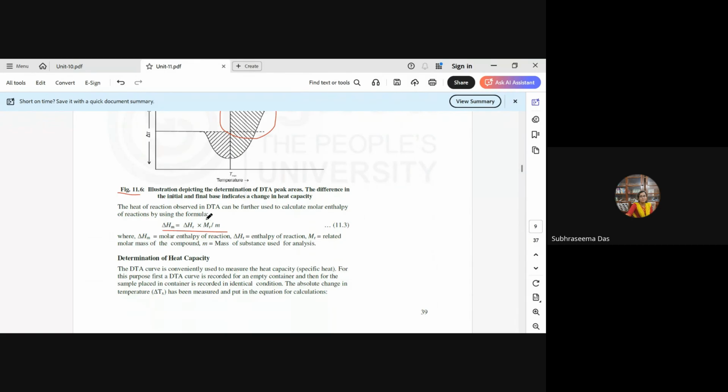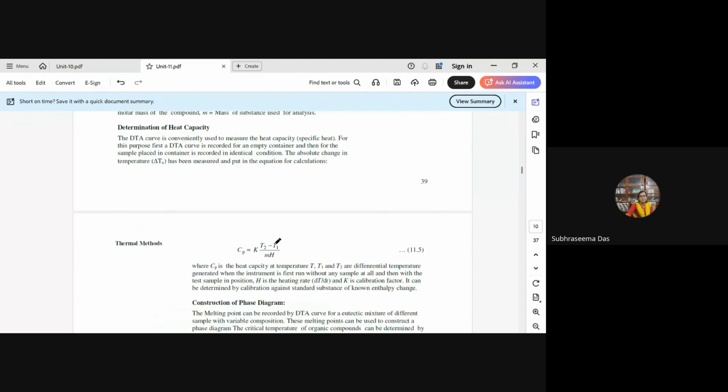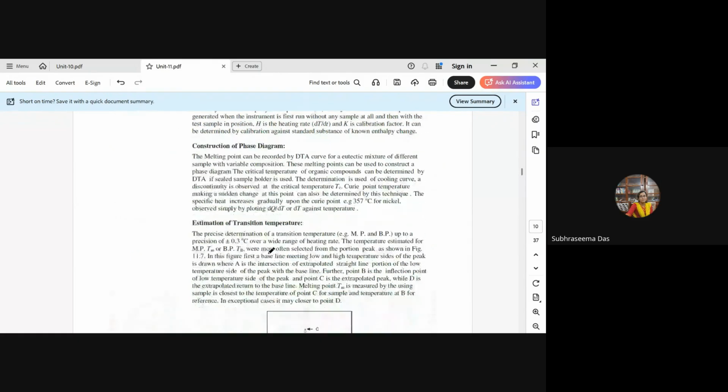Mr means the molar mass of the compound, and small m is the mass of the substance taken for analysis. The heat capacity can be calculated as Cp is equal to K, the calibration constant, times T2 minus T1 into m into H, where capital H represents the rate of heating, and K is the calibration factor.